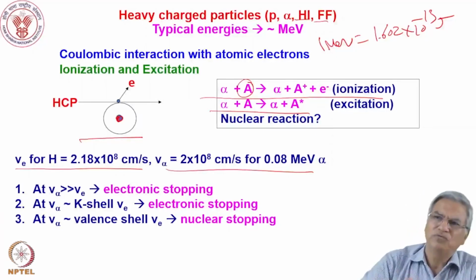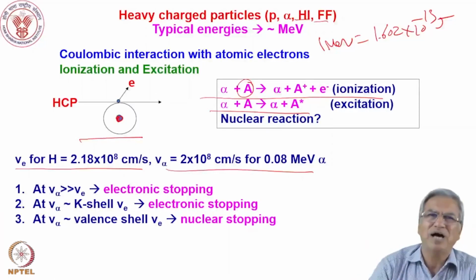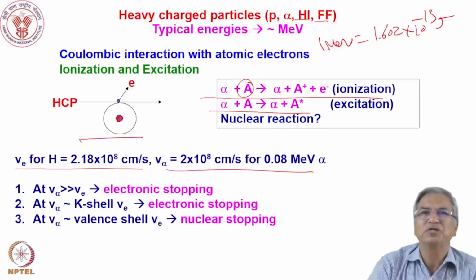So when the alpha particle comes out of a nucleus, its velocity is much higher than the velocity of electrons in its orbitals, and therefore the alpha particle remains as helium plus. Only when the velocity of the alpha particle becomes comparable to or less than the velocity of electrons in the orbits will it start picking up electrons and become a helium atom.